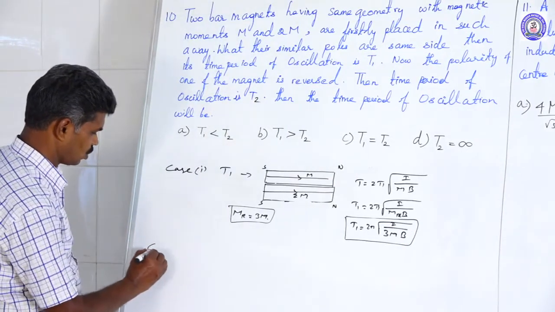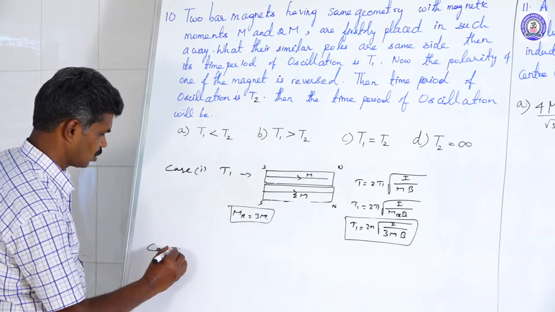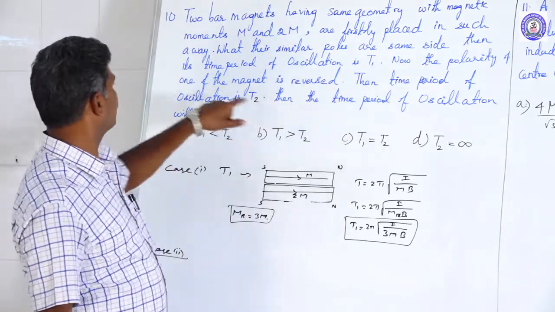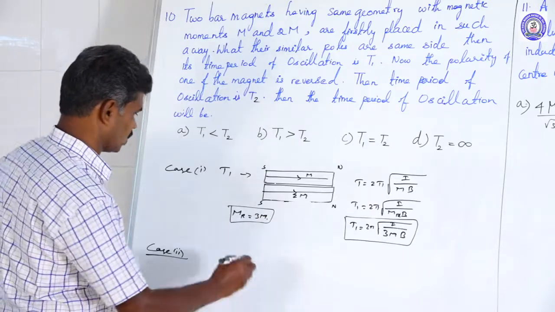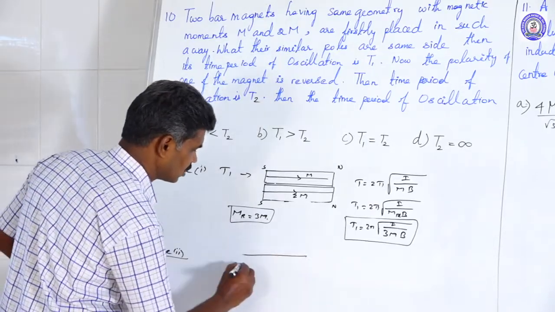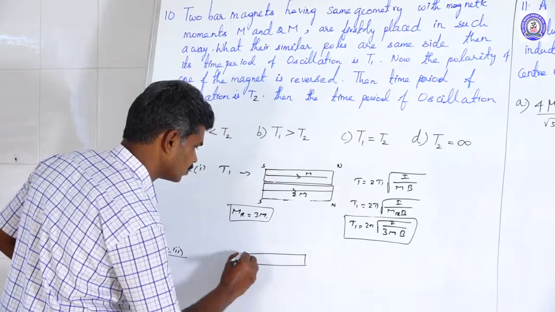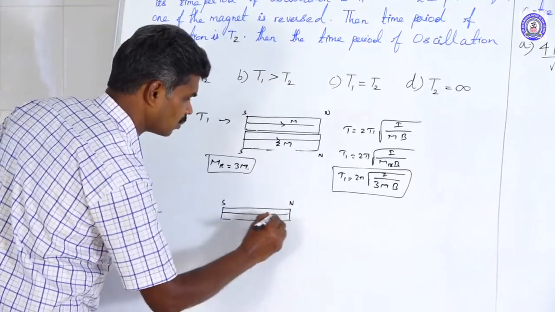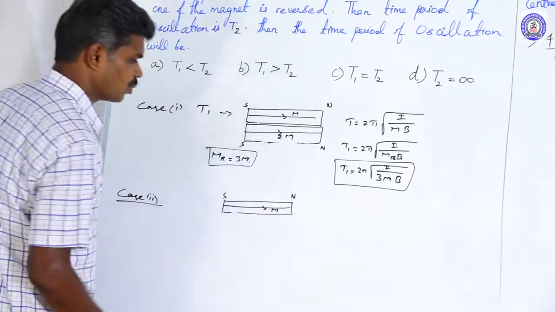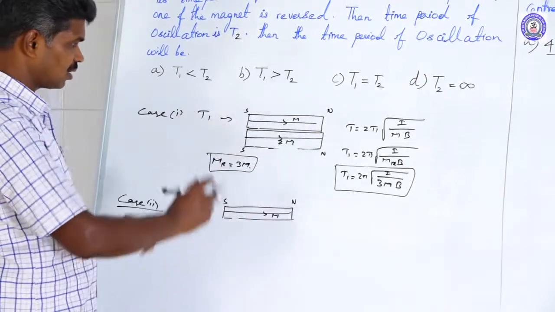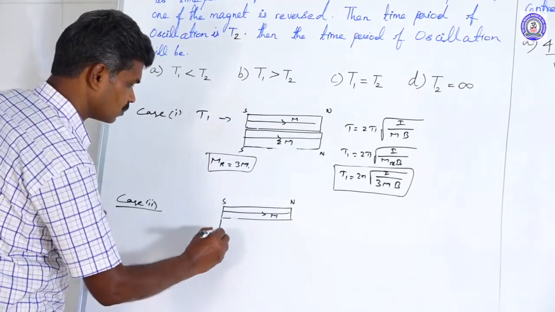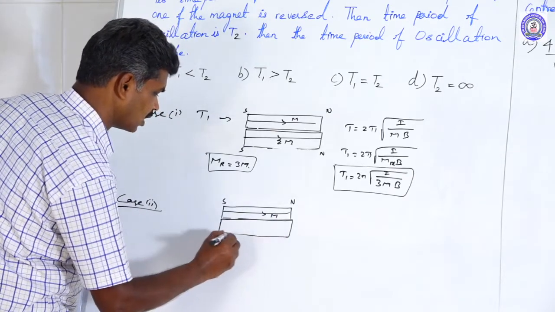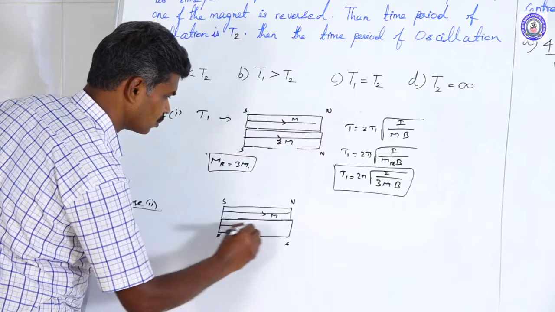For case 2, now the polarity of one of the magnets is reversed. The first magnet is placed in the same manner, south pole and north pole, with magnetic moment capital M. But the second magnet is turned and placed with reversed polarity, this side north pole, this side south pole.